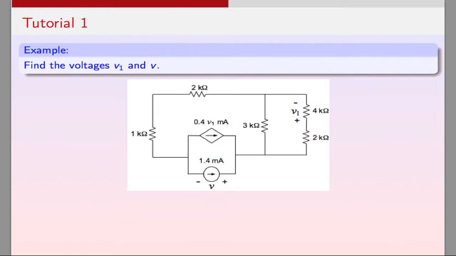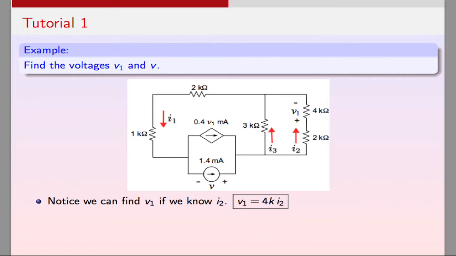Consider the following circuit. We would like to find the voltages V and V1. V is the voltage across the 1.4 milliamp current source, and V1 is the voltage across the 4K resistor. Let's first add some currents to the figure as follows. The directions of these currents are arbitrary.